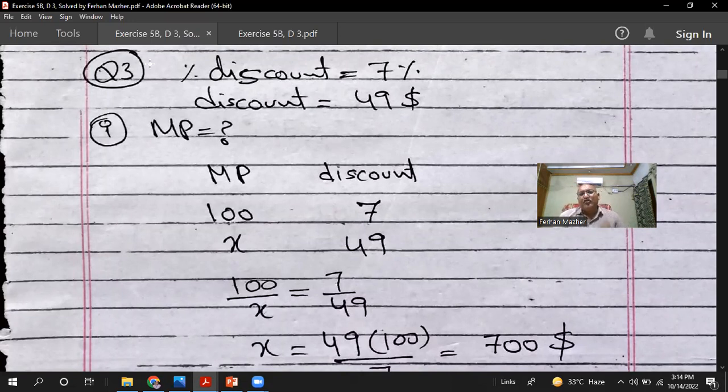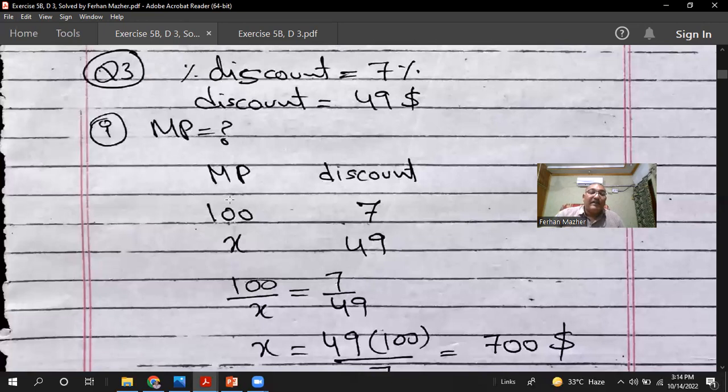Okay. So here I will write mark price and discount. According to the percentage, if the mark price is 100, the discount will be 7. 7% discount means that if the mark price is 100, the discount will be 7. So if the actual discount is 49, how much is the mark price?